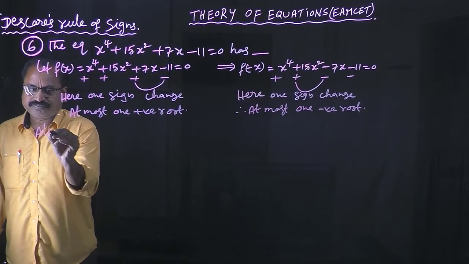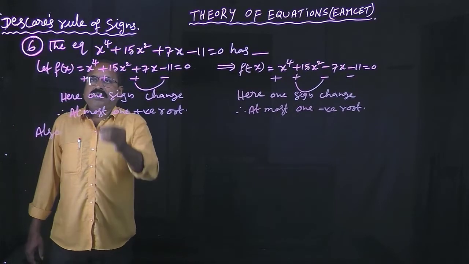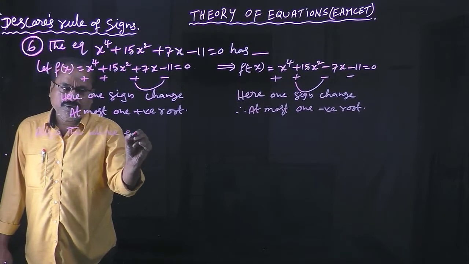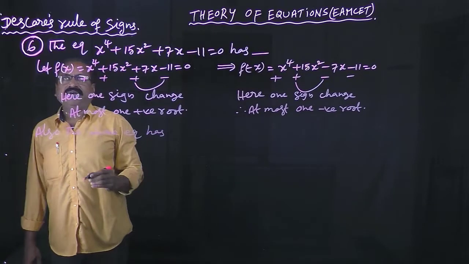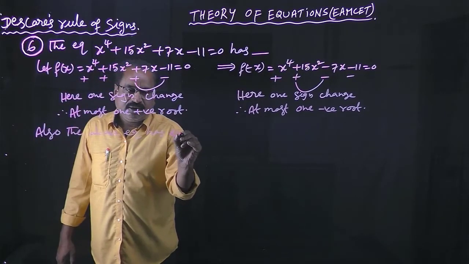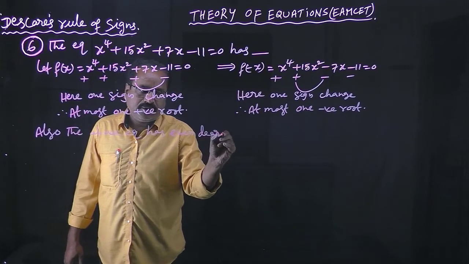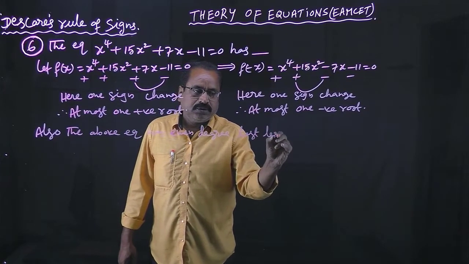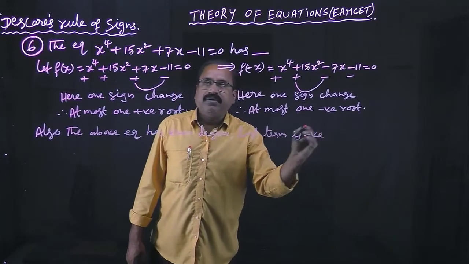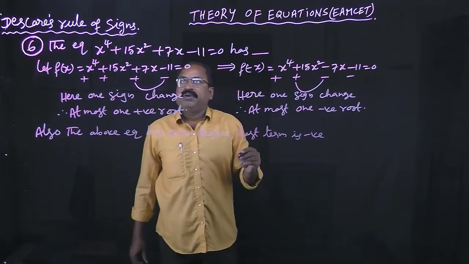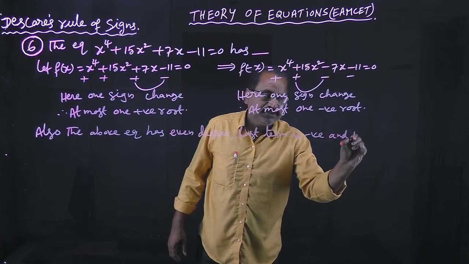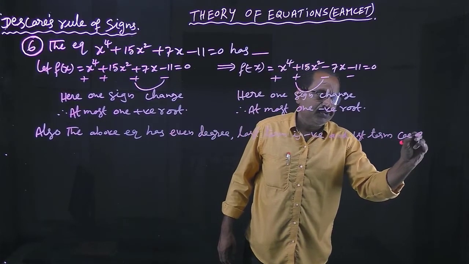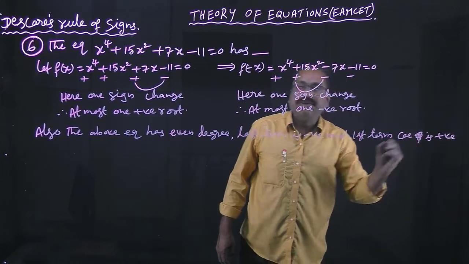Also, the above equation has even degree, the last term is negative, and the first term coefficient is positive.